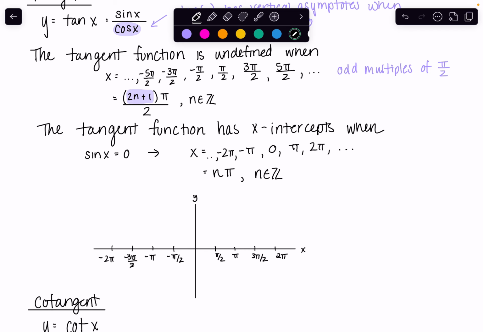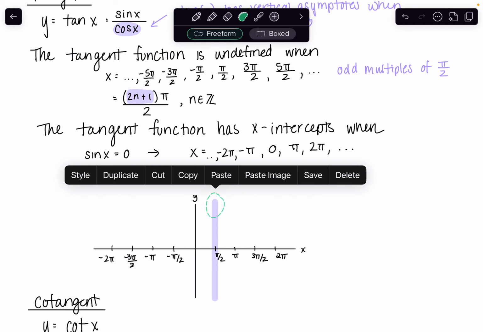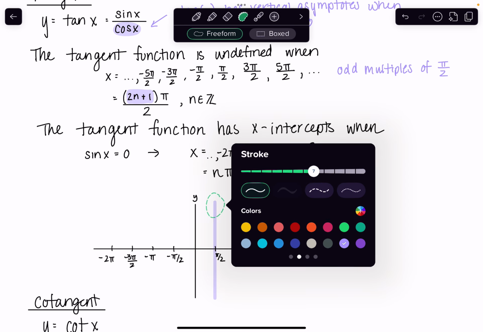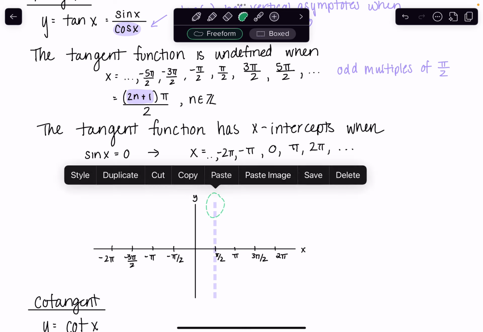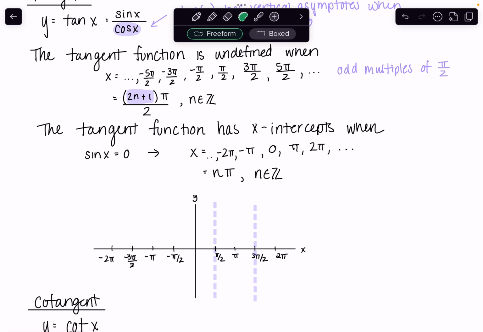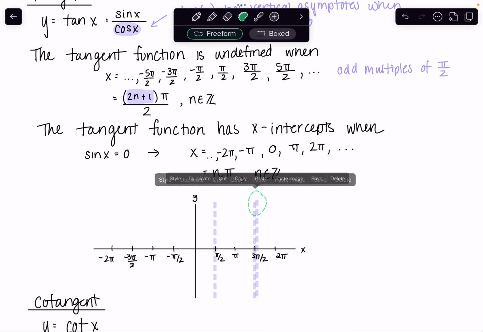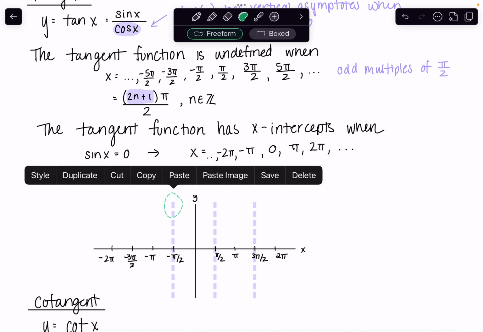If I go ahead and draw my vertical asymptotes first, those occur at these multiples of pi over 2. I'm going to change the style a little bit, and then copy and paste it. That is our vertical asymptote, and it occurs at these odd multiples of pi over 2.